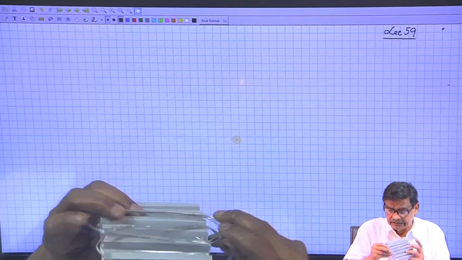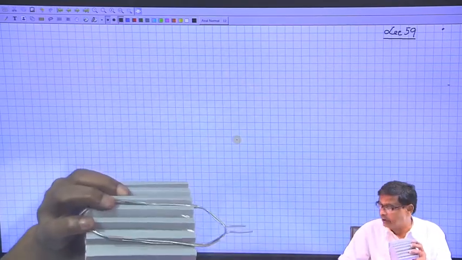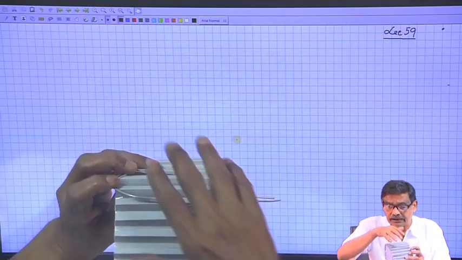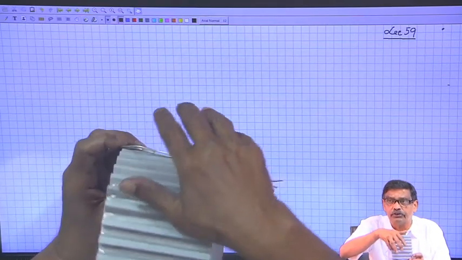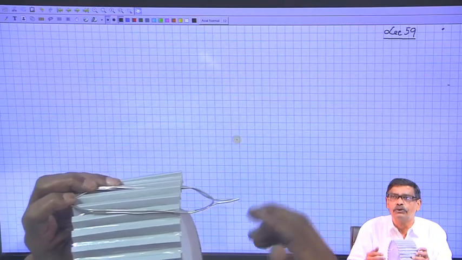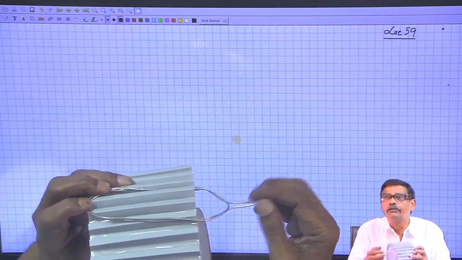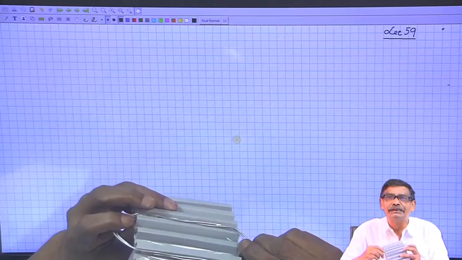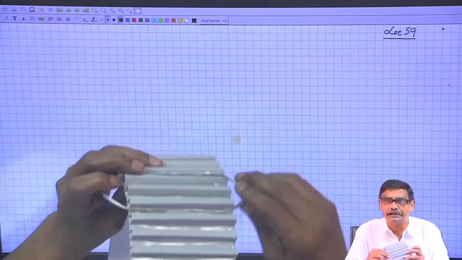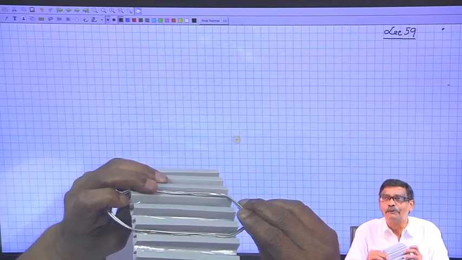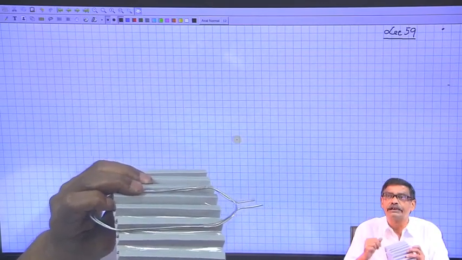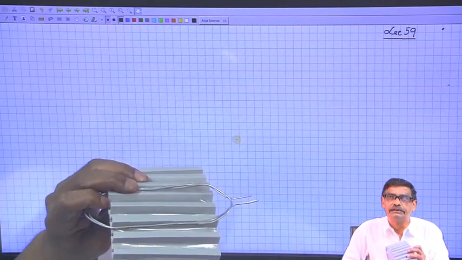See, what happens is this: if you have a single coil like this and this rotor is rotated under the influence of north south, then we know across the coil there will be AC voltage induced. But I want to make it a DC generator. So, how to make that AC voltage converted to a constant value DC voltage?